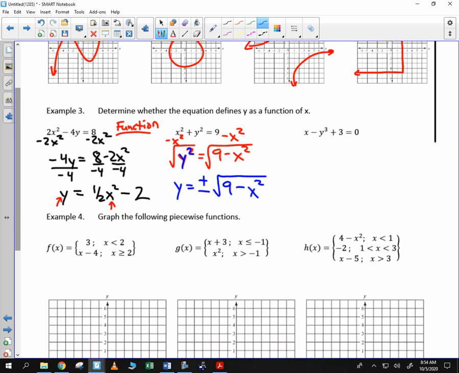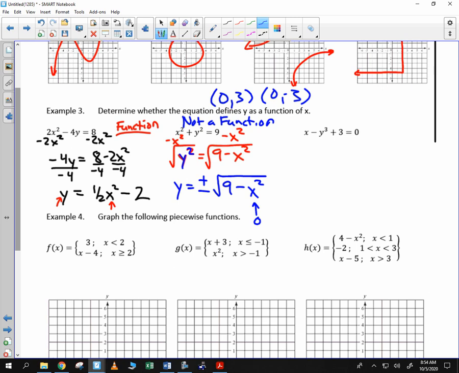That means if you plug in, say, an x value of 0, what comes out? Well, 9 minus 0 is 9, and the square root is 3, and it tells you to list both positive 3 and negative 3. Well, this is not a function, because in this situation, the domain value of 0 corresponds to 2 y values. The domain value of 0 corresponds to positive 3 and negative 3. And so therefore, it's not a function.